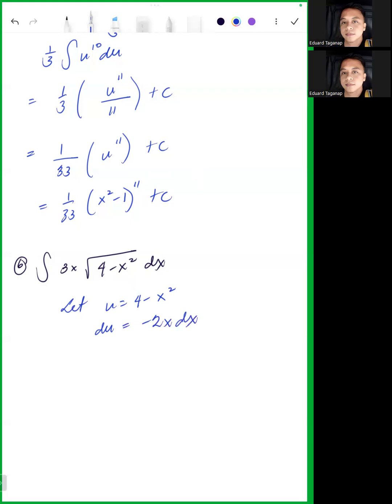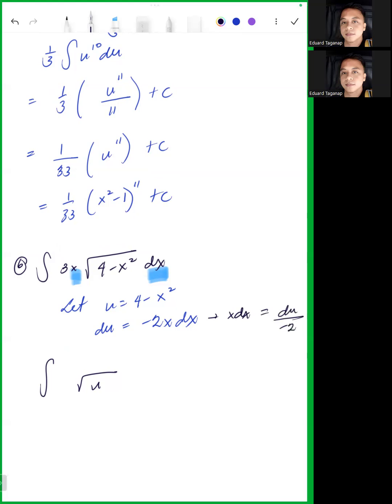Now, let's rewrite our given in terms of our new variable. That is the integral of the square root of u, and x dx becomes what? From here, x dx is du over negative 2.